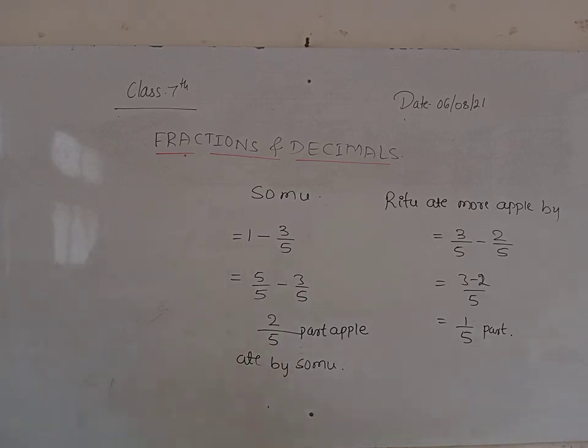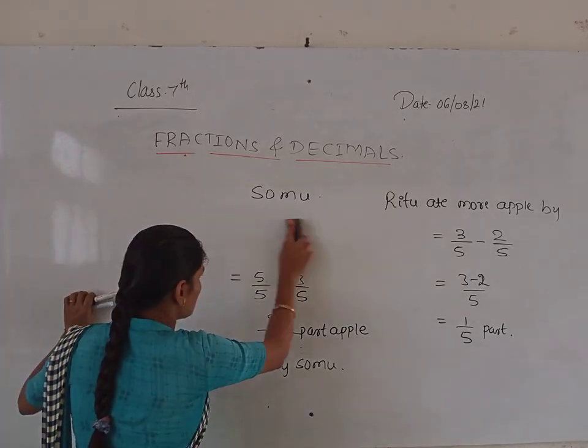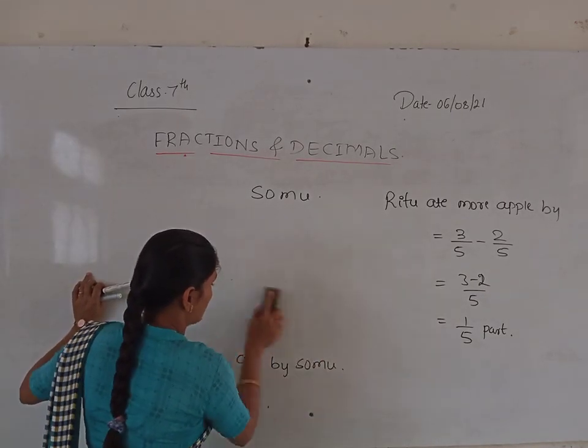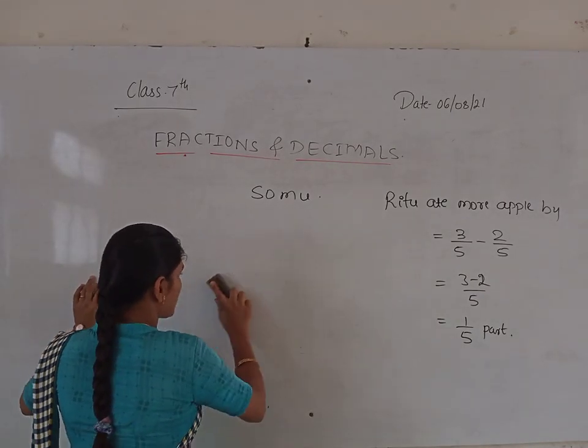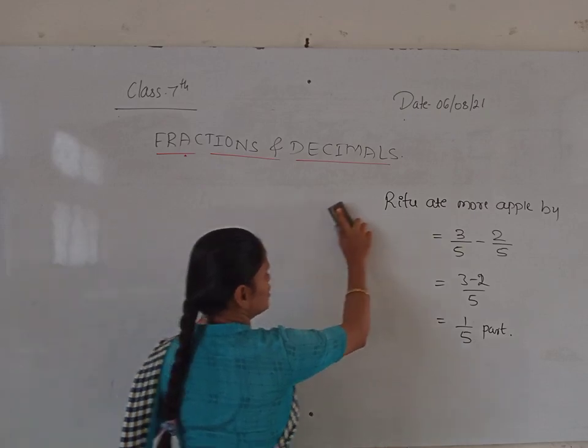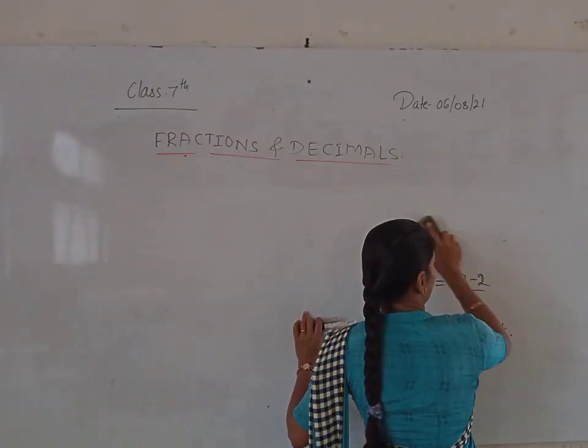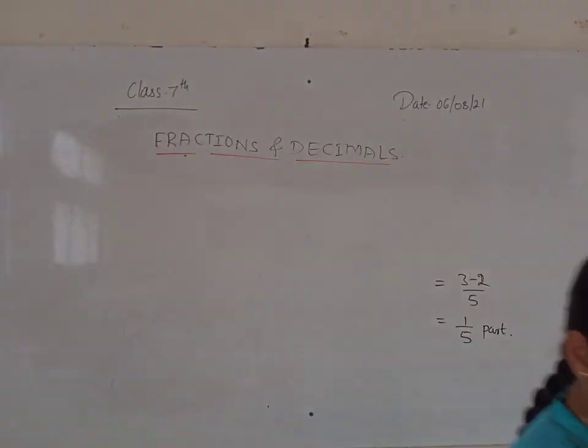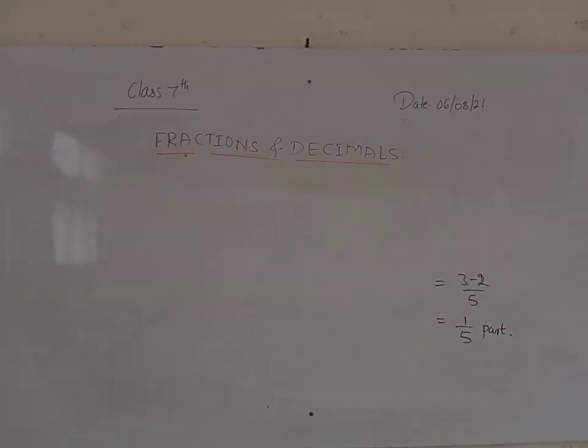So, two students, two friends, Michael as well as Vaibhav. One is Michael and one more is Vaibhav. They are coloring the picture. Drawing class.